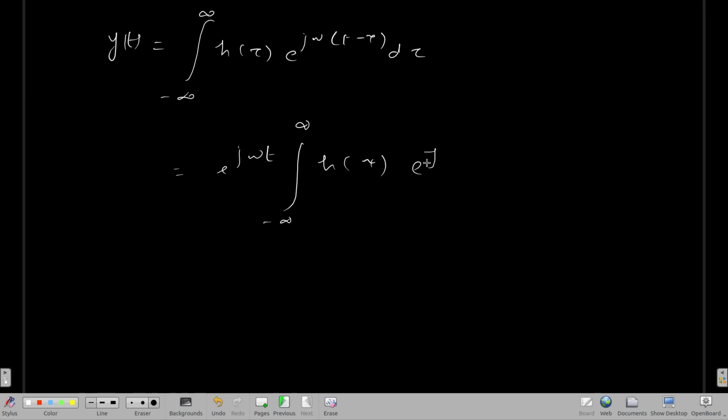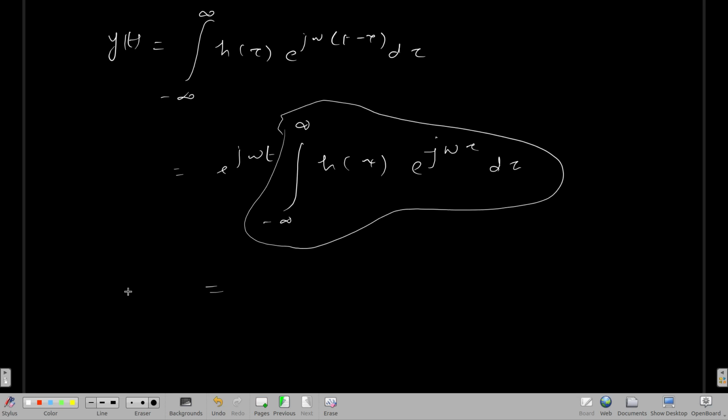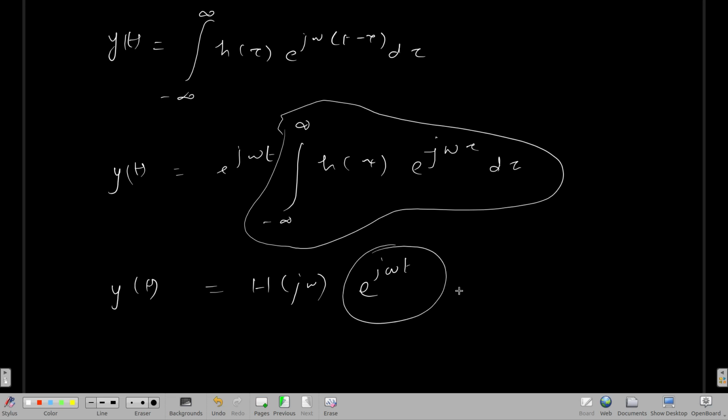I'm not doing anything new. Therefore we are defining this, and e to the power of j omega t is the eigenfunction for continuous time LTI systems.